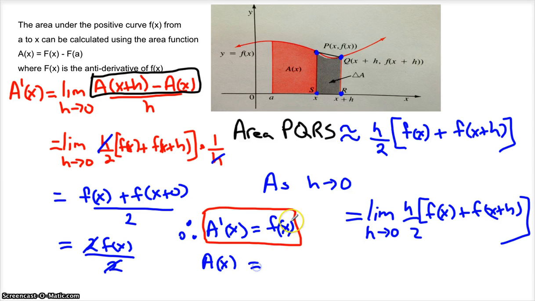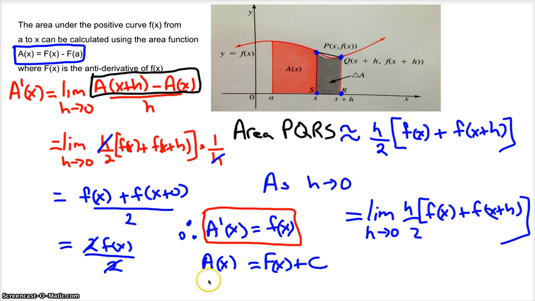And the antiderivative of this is uppercase F at x plus c. So we're almost there. We almost have the result we wanted. The only thing missing is this minus F at a. And I'm going to show you how this c value is equal to a negative F at a.